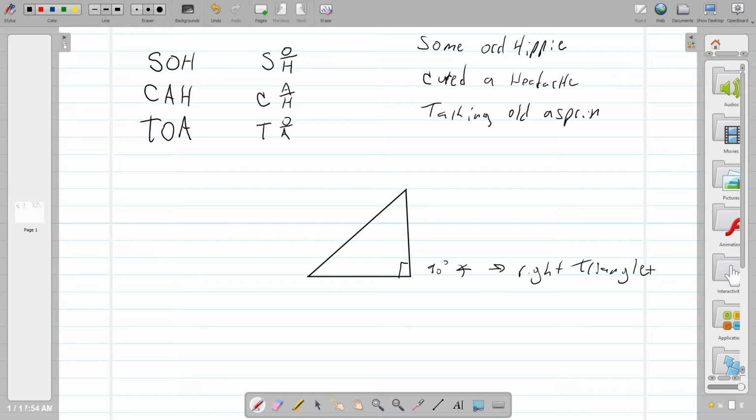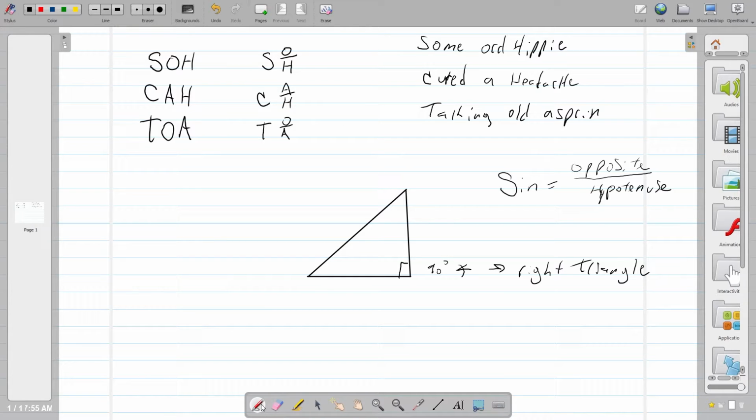Now, sine equals opposite over hypotenuse. Opposite over hypotenuse, that's sine.